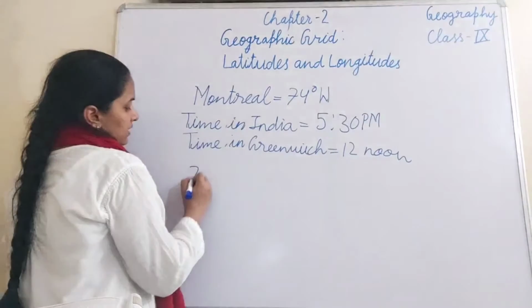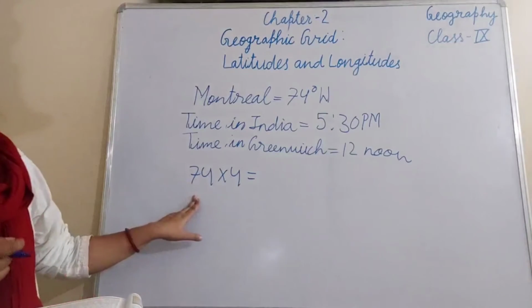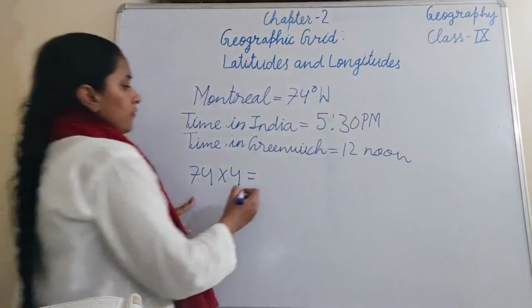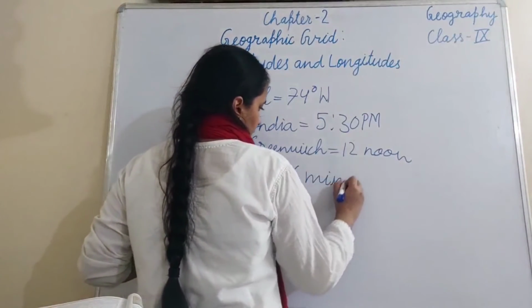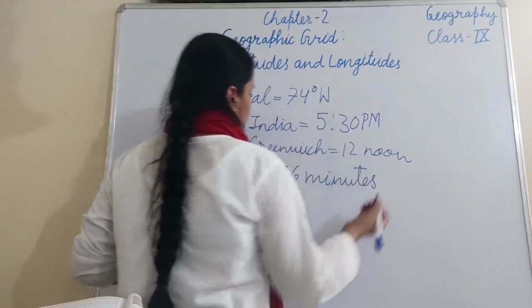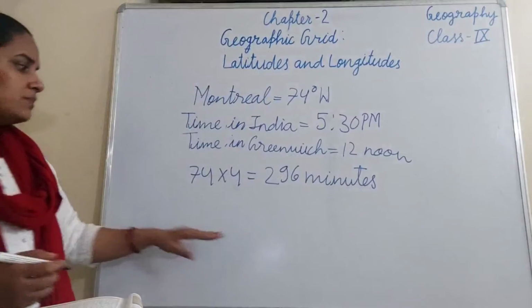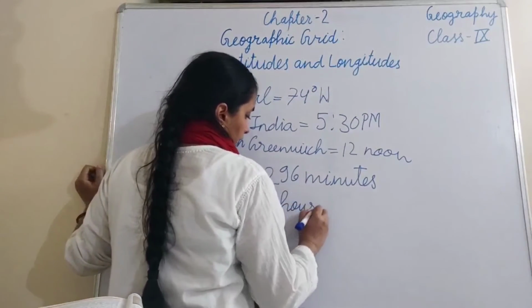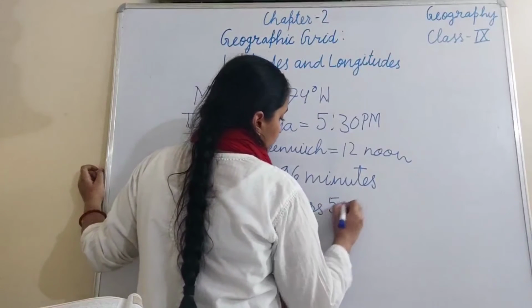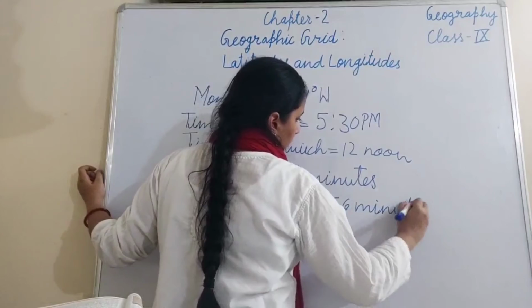So 74 multiplied by 4 will give you a difference of 296 minutes. 296 minutes means 4 hours and 56 minutes.